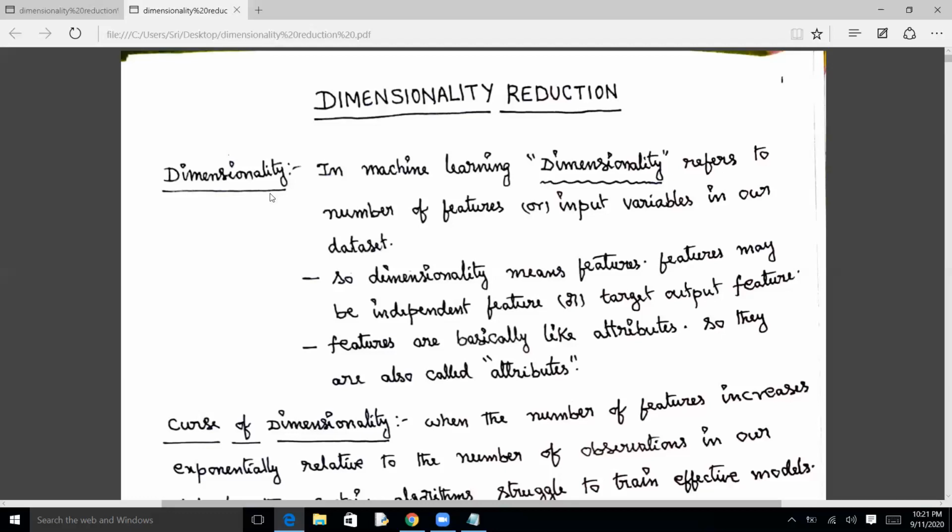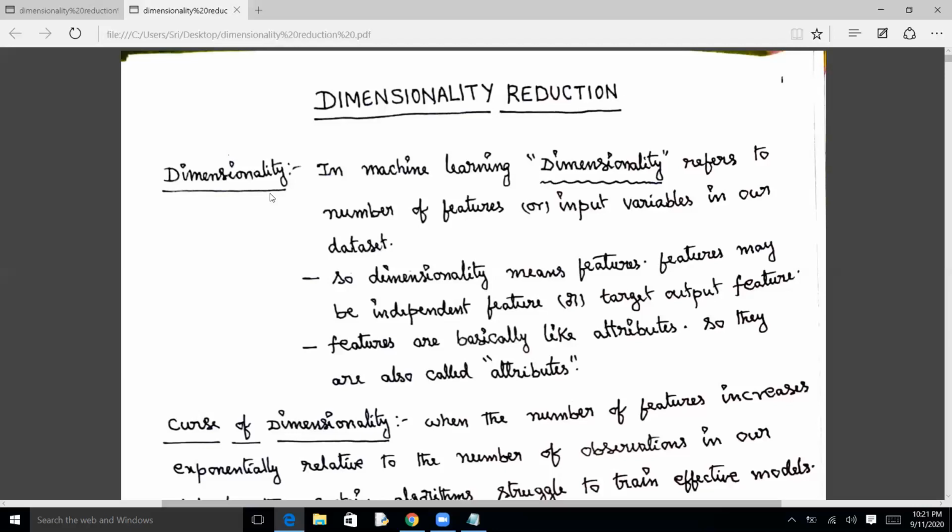Basically, features are like attributes, so features are also called attributes. Features may be independent features or target output features. This is about dimensionality.